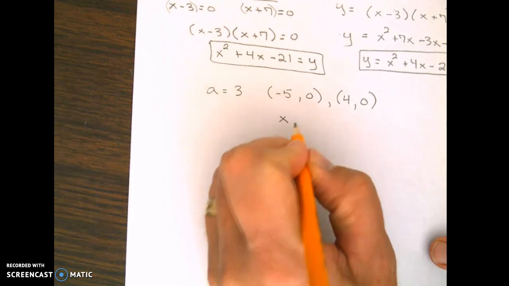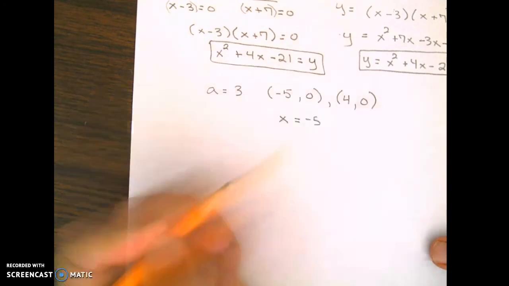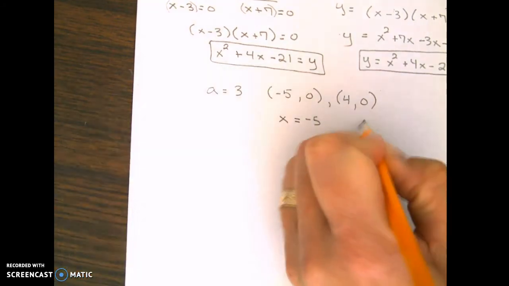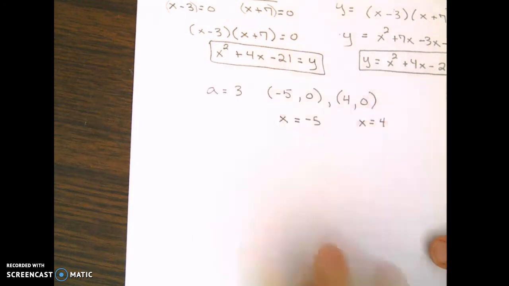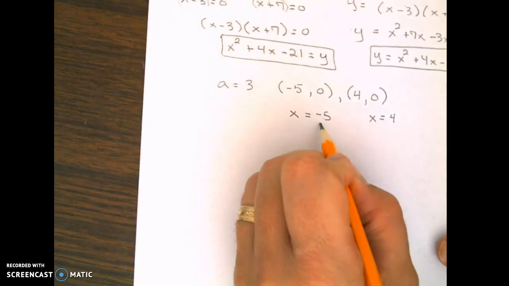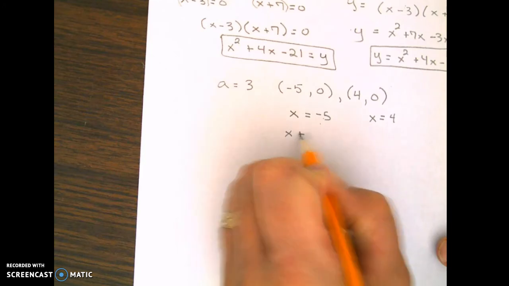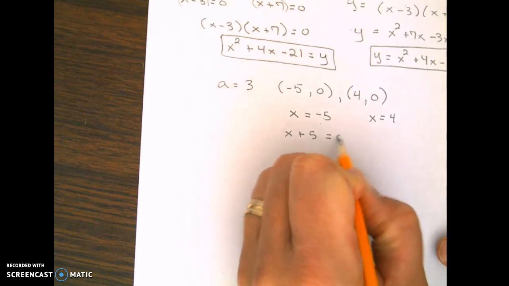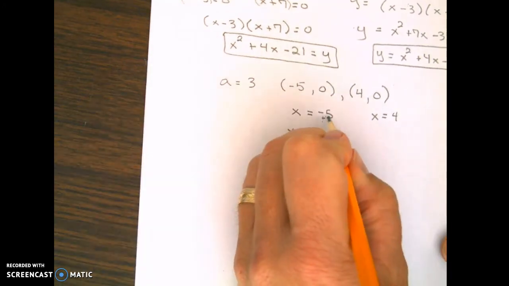So x equals negative 5 as one solution, and x equals 4. Moving the negative 5 to the other side, we'd have x plus 5 equals 0. That would be adding the 5 on each side.